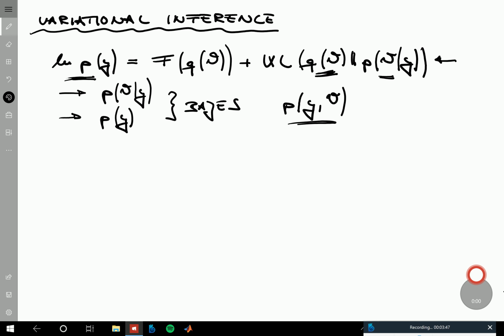So the variational free energy, just as a reminder, and also the KL divergence, they are these integrals over things.